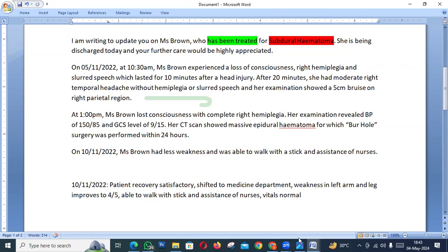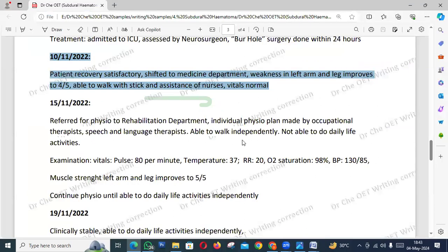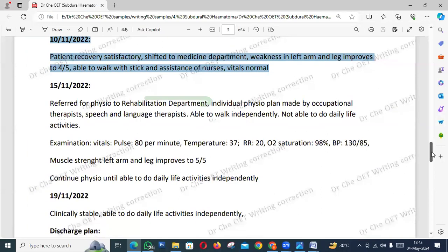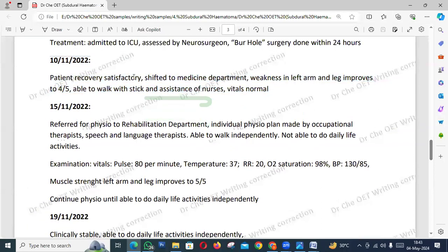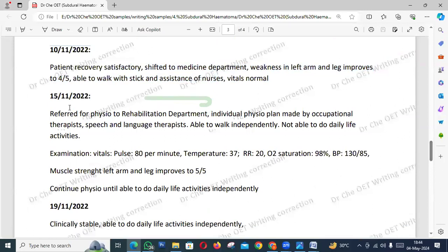Okay. So now you have the next date. I've written this complete visit in one sentence. So this is after 5 days. She was referred to physiotherapy for rehabilitation. Individual physio plan made by occupational therapists, speech and language therapists, able to walk independently, not able to do daily life activities.